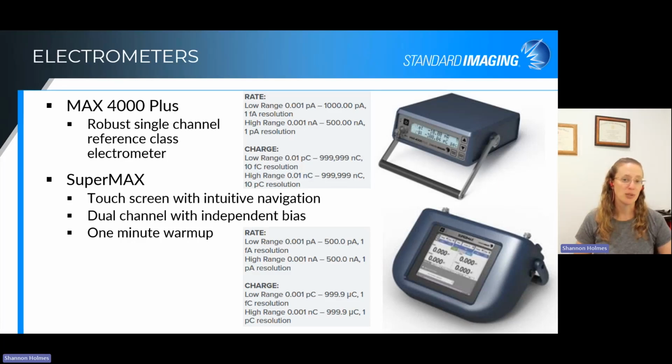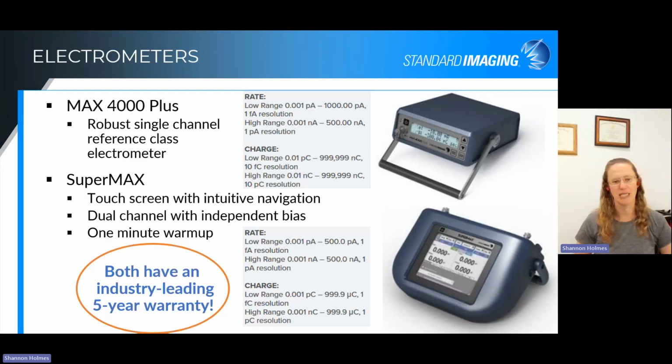And then, of course, we have the Supermax, which is our high-end electrometer with the touchscreen. It has dual channels so that you can make two measurements or you can intercompare two detectors at the same time. And it also has a very quick warm-up time, which is nice if you have to make measurements on the spur of the moment because something came up and there's something that needs to be investigated.